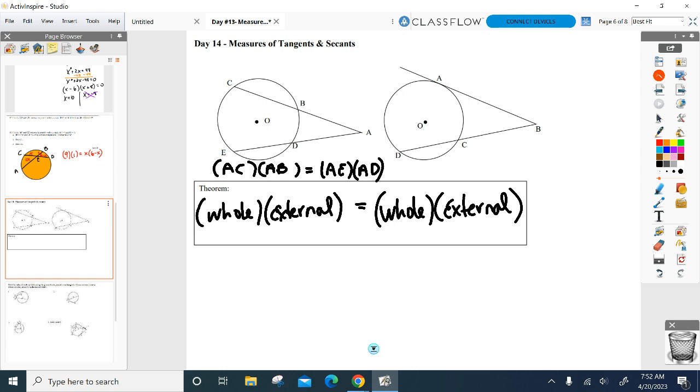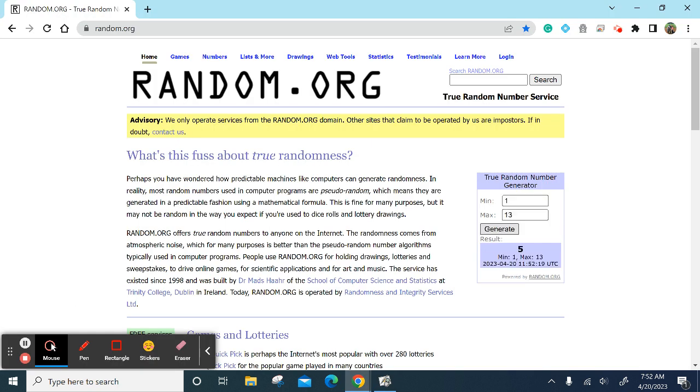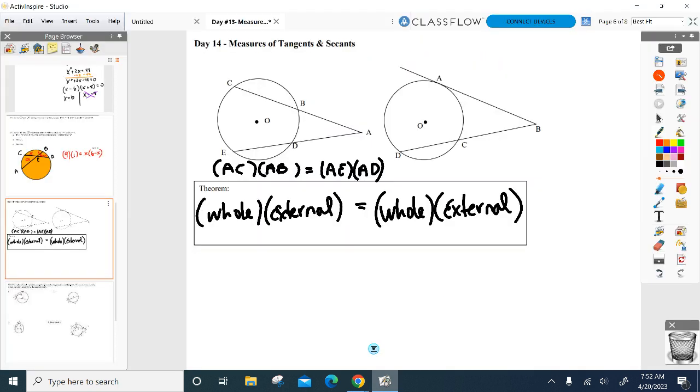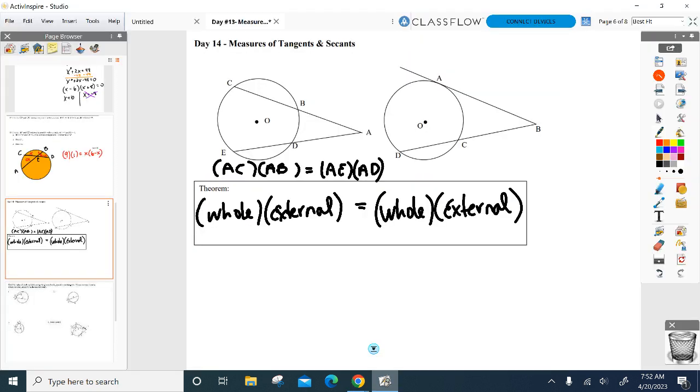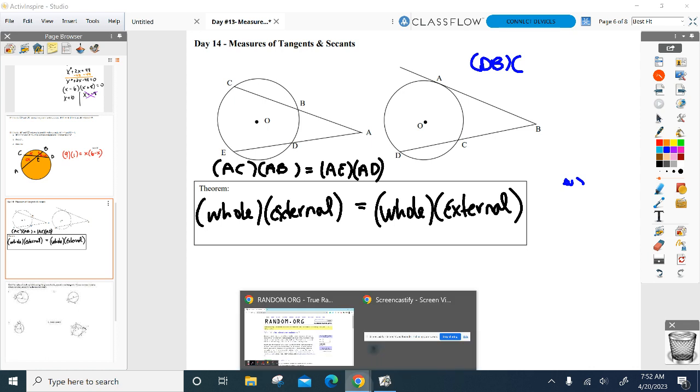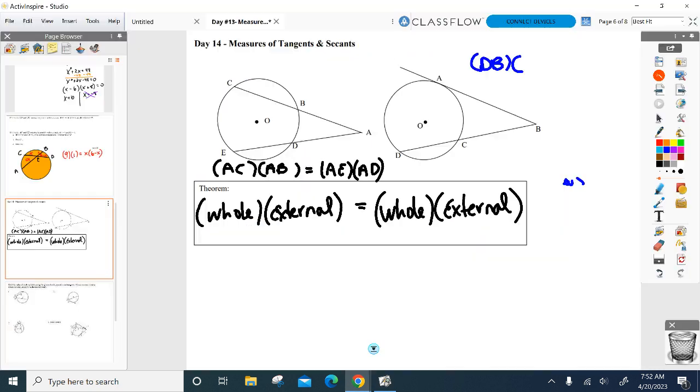Now go over to my second diagram. Can we do it for the second diagram? And watch what happens when we involve a tangent. Give me the whole secant length. DB. Now give me the external part.